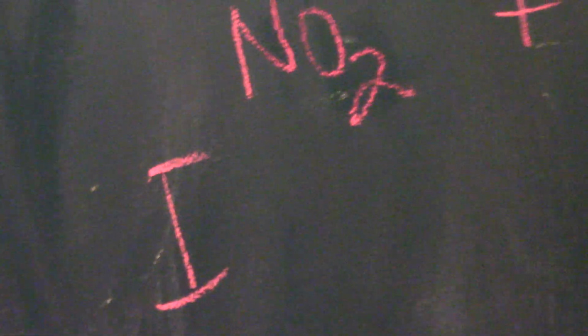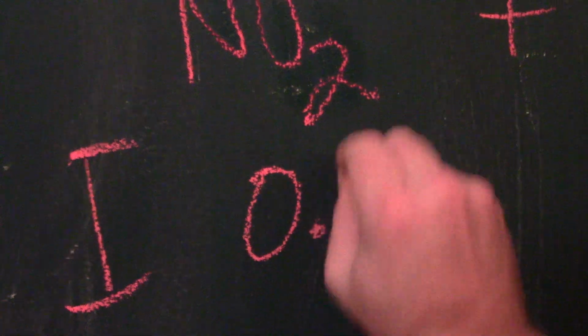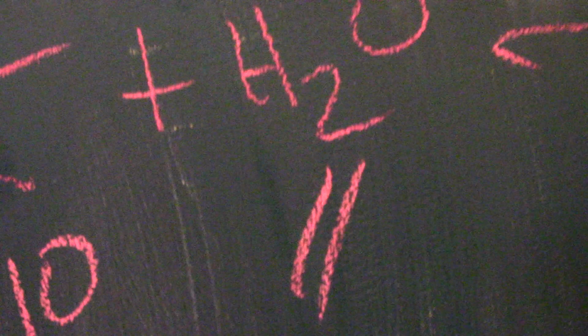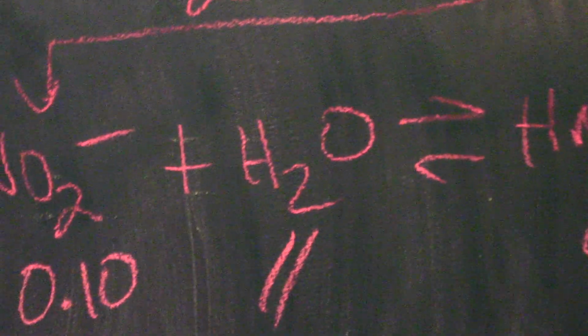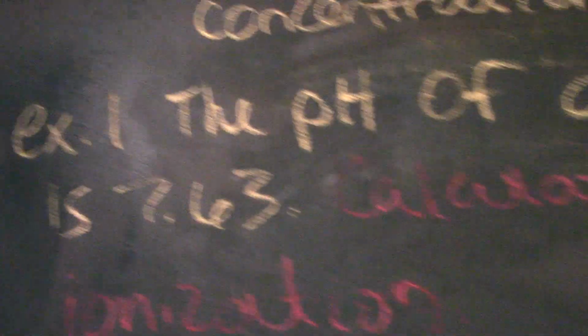ICE table. The NO2 negative ion, because this is a 1-to-1 mole ratio, is going to be 0.1 moles per liter, and the products are 0 initially. Okay, so I have a pH. So what I need to do is convert this to pOH.